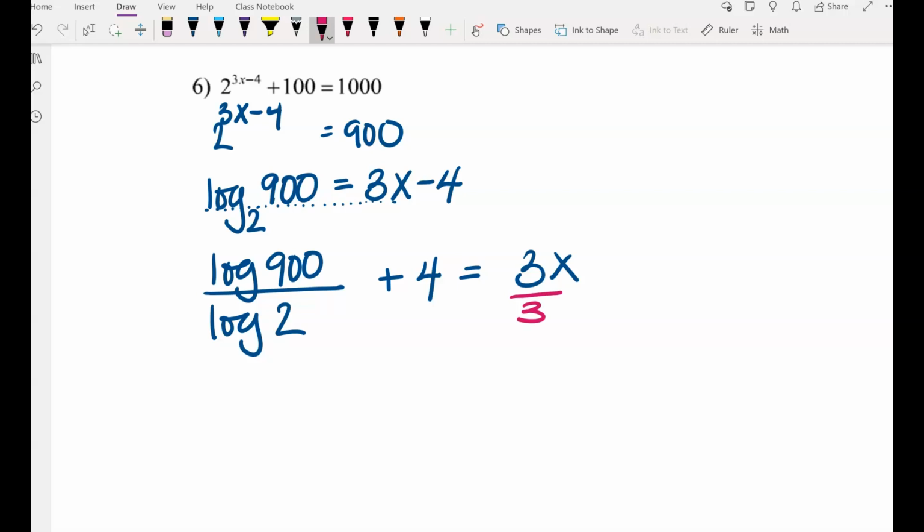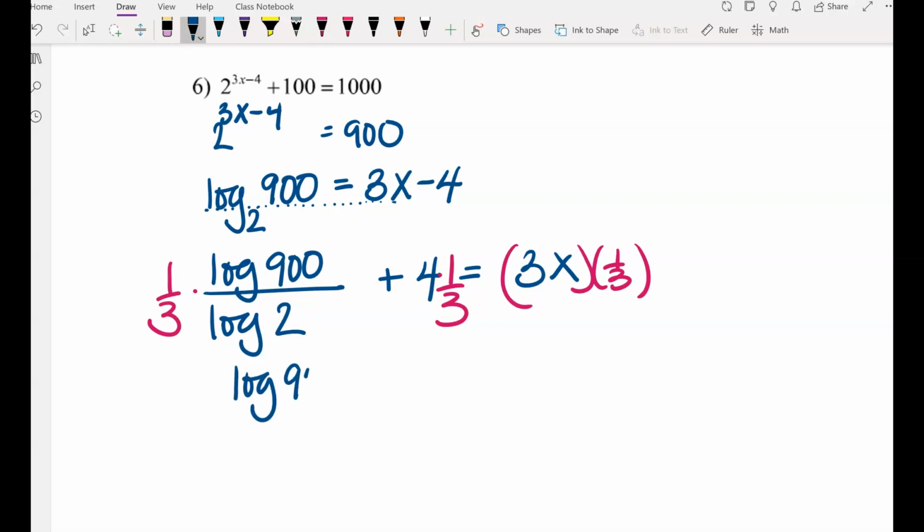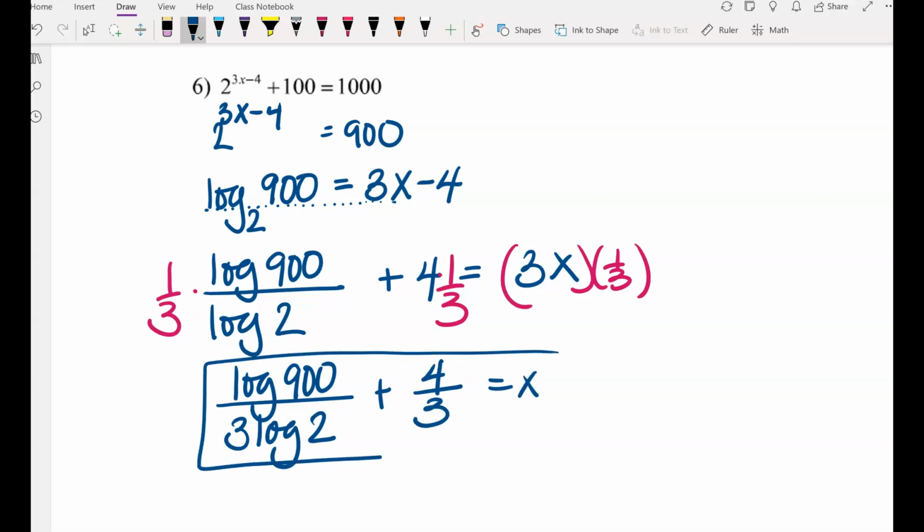Now we can divide each and every term by 3, or we can go in and multiply each and every term by a third. That's exactly the same, right guys? Okay, so we now have log of 900 divided by 3 times log of 2 plus 4 over 3 equals x. This is your exact form.